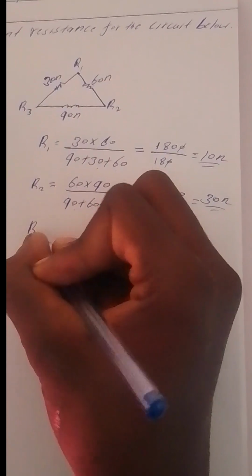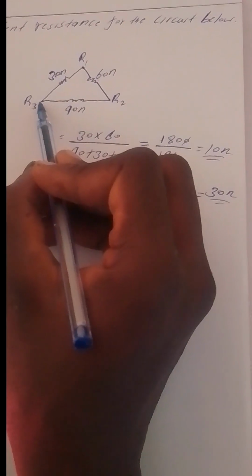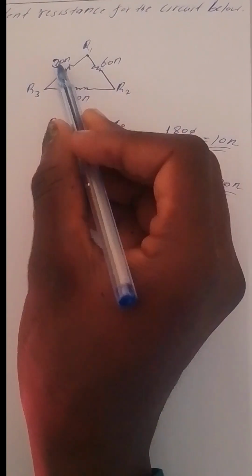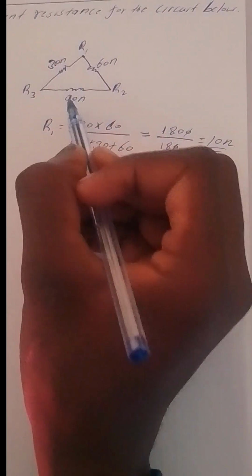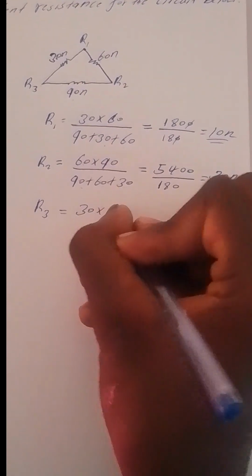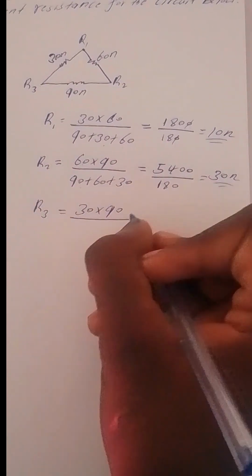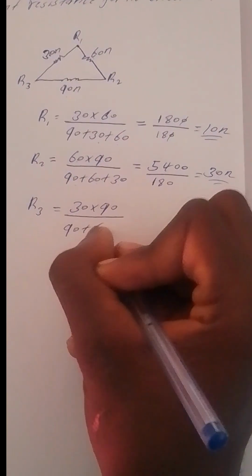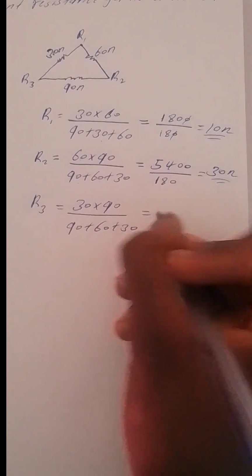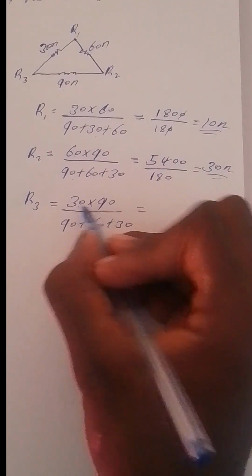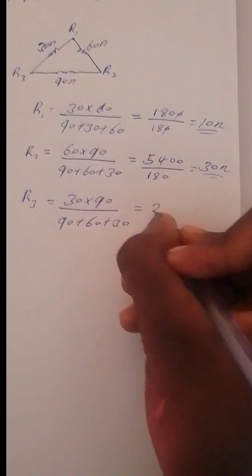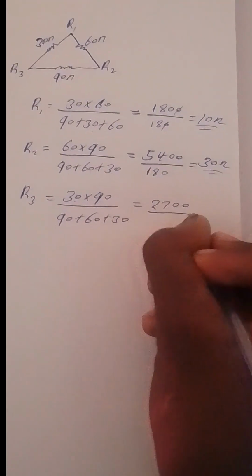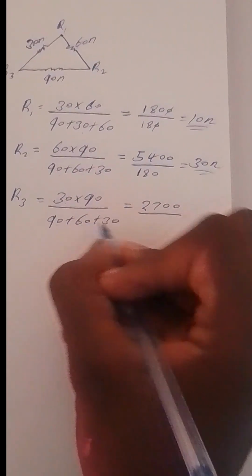Now let's move to R3. For R3 we also do the same. You take this one times this one, the way they alternate: 30 times 90 over the total sum, 90 plus 60 plus 30.